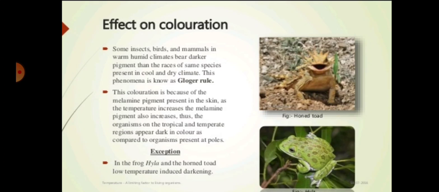This phenomenon is called Gloger's rule. In the frog Hyla and the horned toad Phrynosoma, low temperatures have been known to induce darkening. Some prawns turn light colored with increasing temperature. The walking stick has been known to become black at 15 degrees centigrade and brown at 25 degrees centigrade.